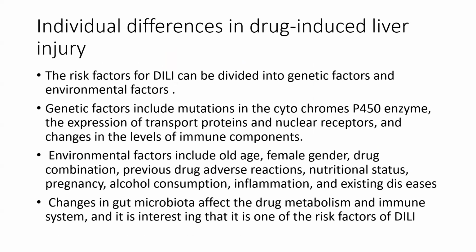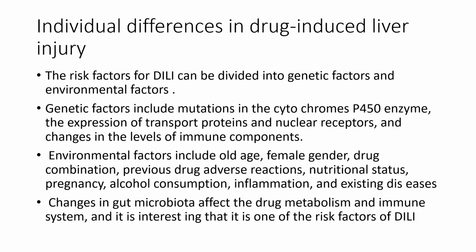So, individual differences in drug-induced liver injury. The risk factors for DILI can be divided into genetic and environmental factors. Genetic factors include mutations in the cytochrome P450 enzyme, the expression of transport proteins and nuclear receptors, and changes in the level of immune components.